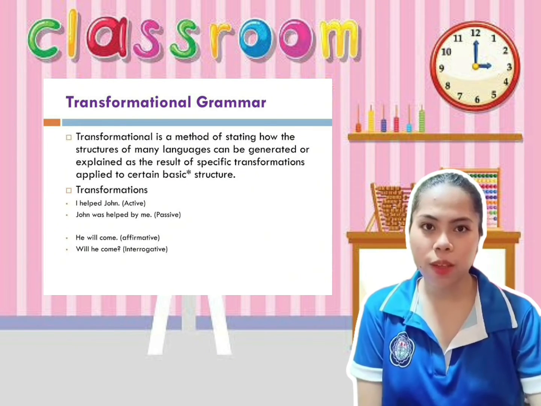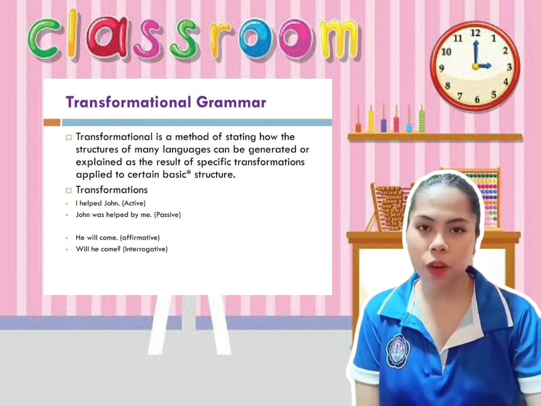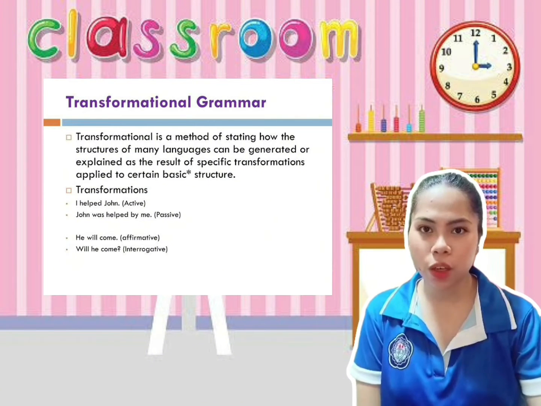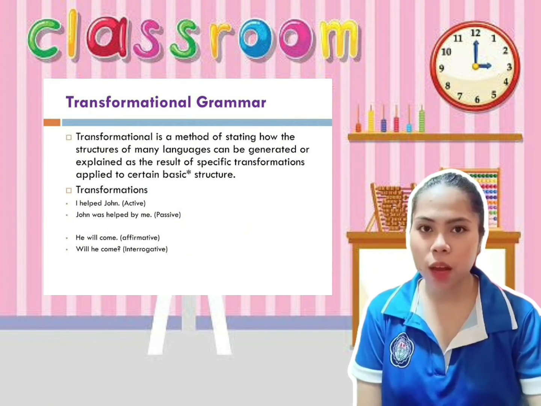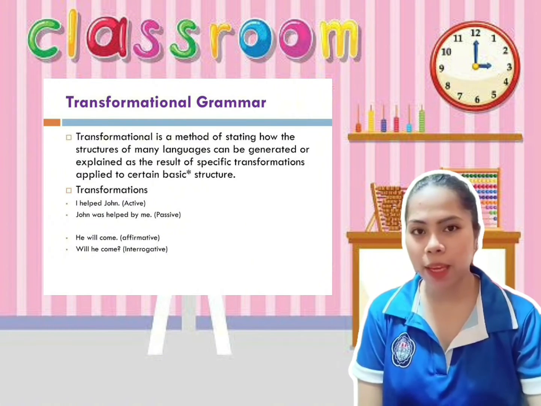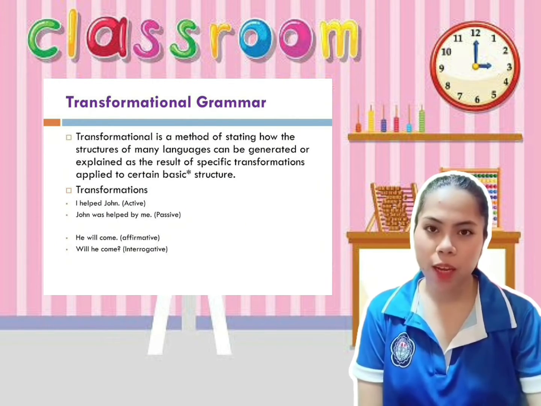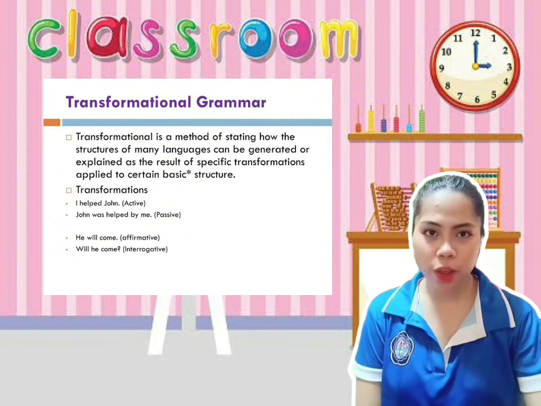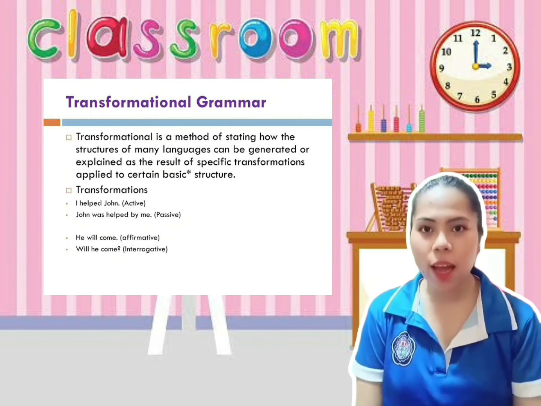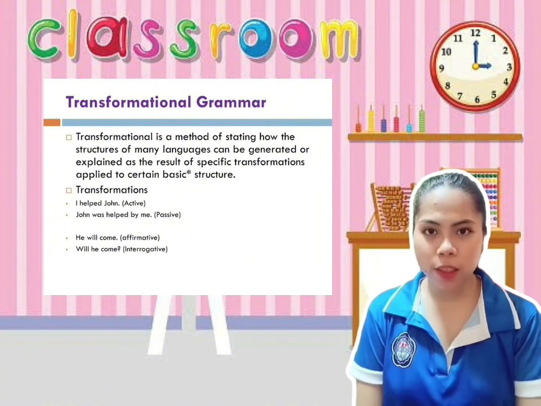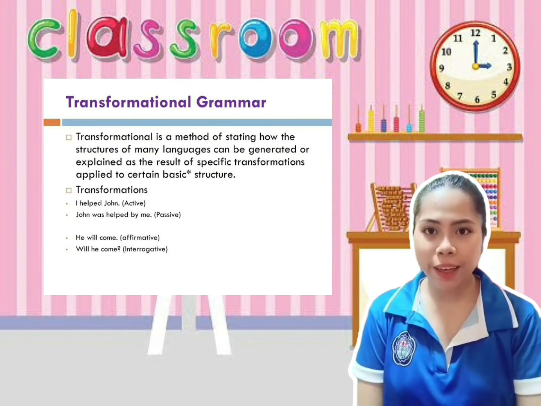Transformational grammar also has a concept called deep structure and surface structure, which posits that concepts can be expressed in various ways to prevent ambiguity. For example, the phrase "I know a teacher who bakes cakes" is the surface form of the sentences "I know a teacher" and "the teacher bakes cakes."